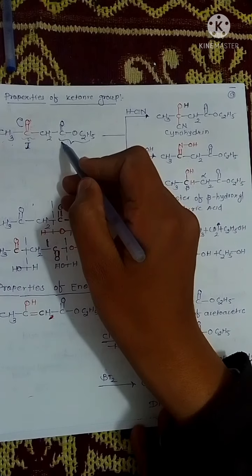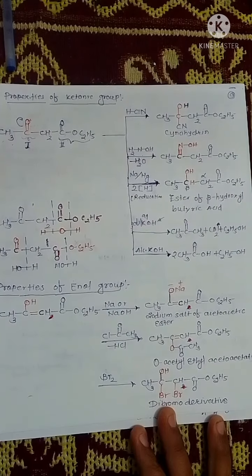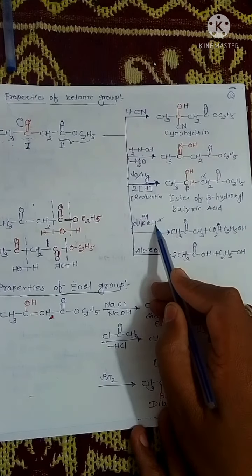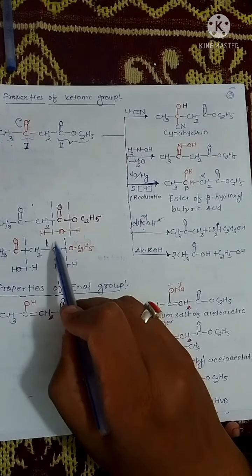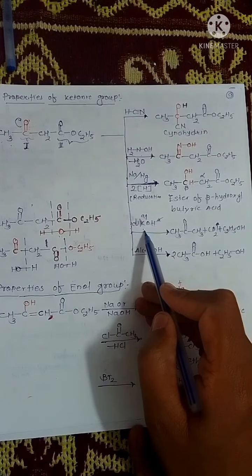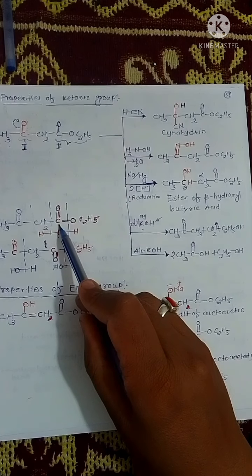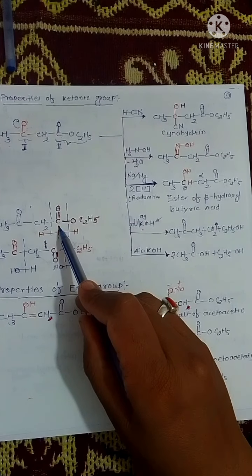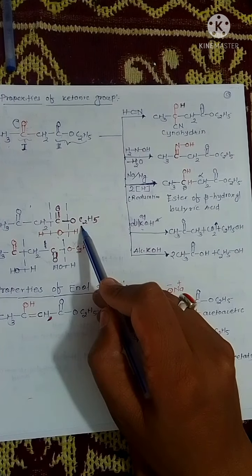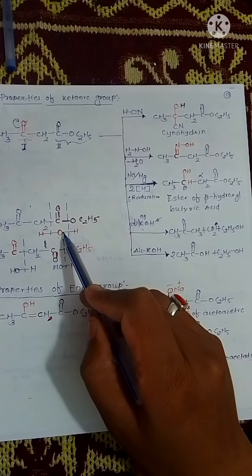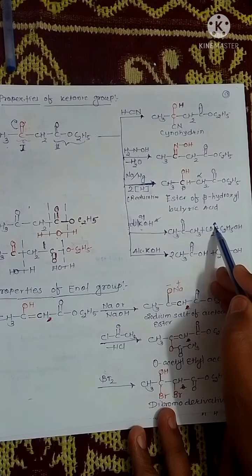The second carbonyl group, that is here, which is part of the ester group, when we add aqueous KOH, you can take help of water here because KOH is dissolved in water. So a decarboxylation reaction takes place, meaning this carbonyl group, which is part of the ester group, takes one of the oxygens from the water molecule and a CO2 molecule goes out.